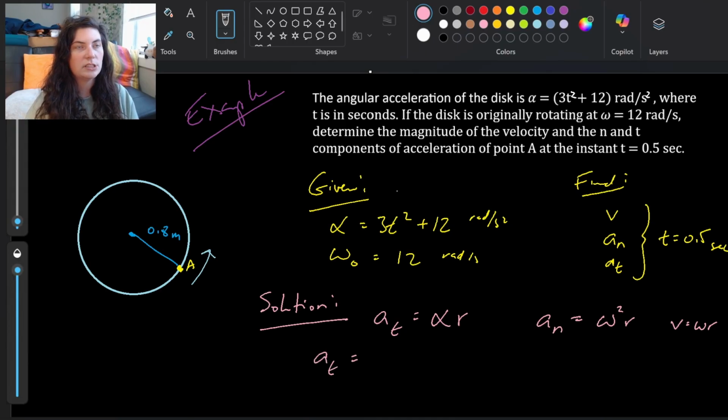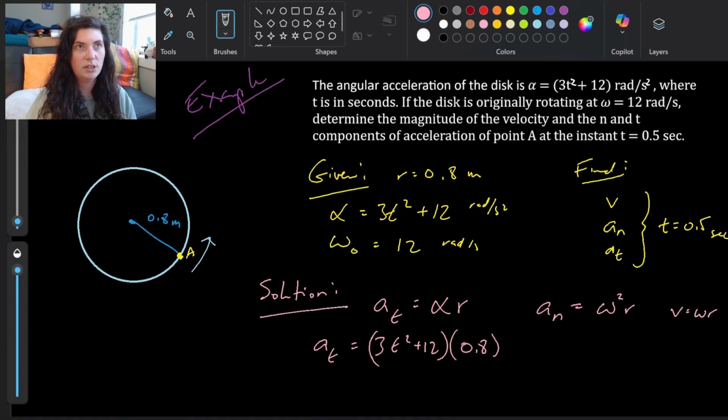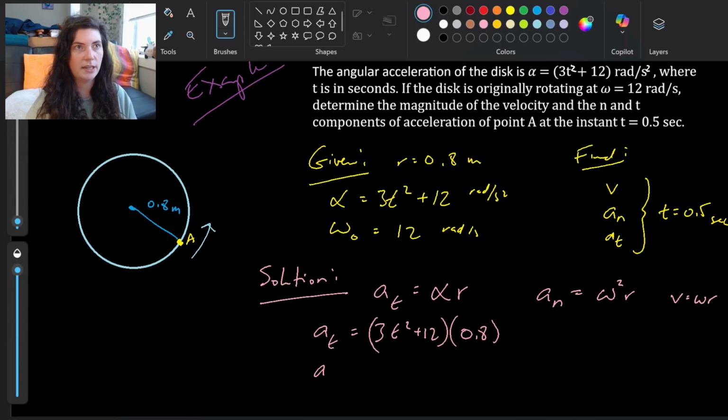So our tangential acceleration is alpha, 3t squared plus 12, times the radius, and that radius over there is 0.8, which we could add into our list of knowns that r is 0.8 meters. Now remember, we're finding this at time t equals 0.5, so I can just plug that t right in.